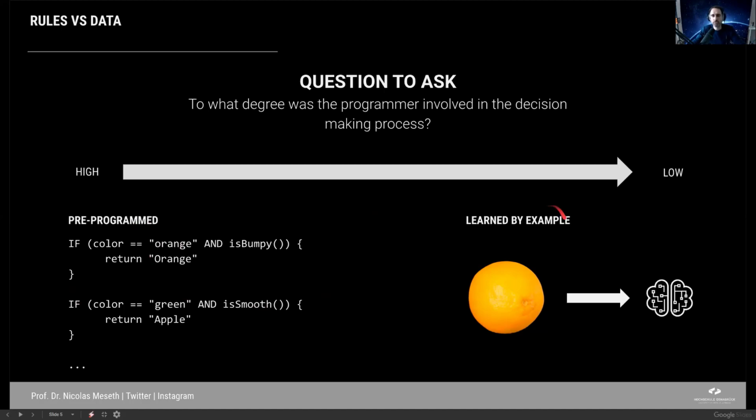So what we want to do instead is we learn by example, and we feed a lot of images of oranges and those who do not have oranges into a training algorithm, and we get a model that can then distinguish between them and learn what the patterns of an orange in an image are and how it can recognize them. And there's actually no programmer involved anymore.